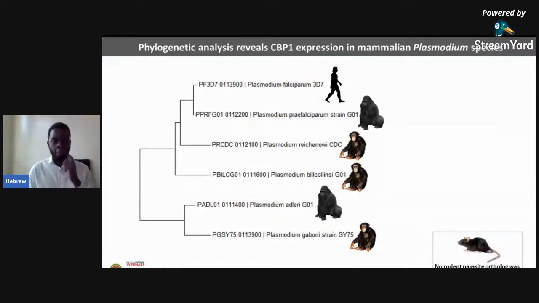So this was just a proof of essentiality, and we also moved further to prove the essentiality of the protein by interrogating a database known as PlasmoGEM, where we were able to see that it is impossible to actually silence or knock out the gene that codes for CBP1. So if you're unable to knock out the gene using a piggyBac transposon model, it means the protein has a high likelihood of being an essential protein.